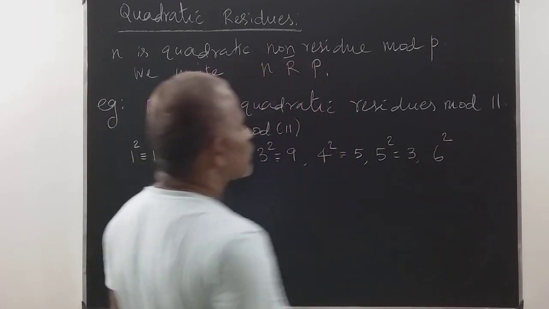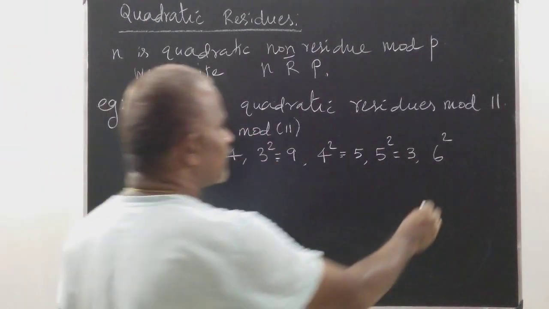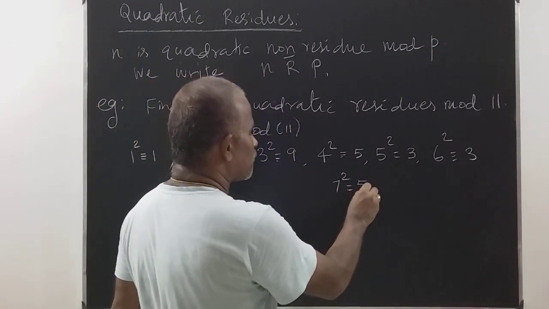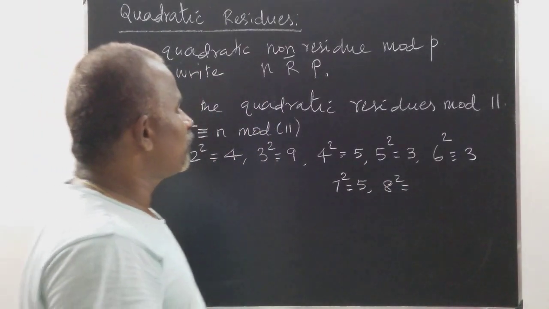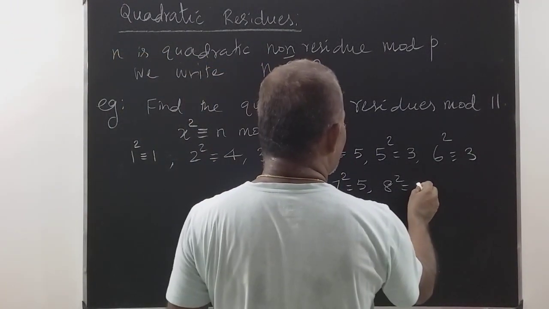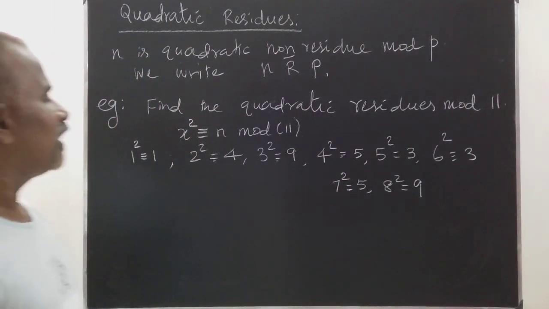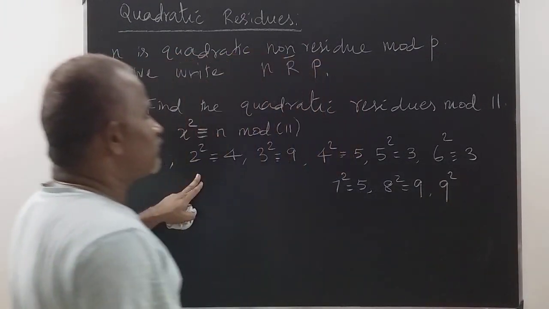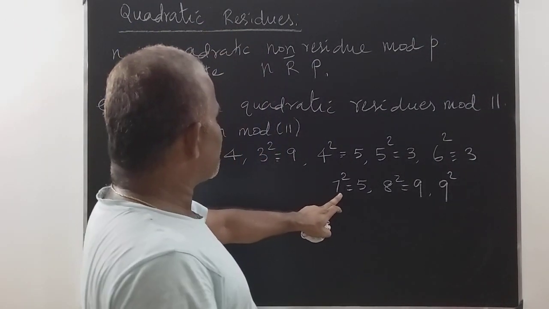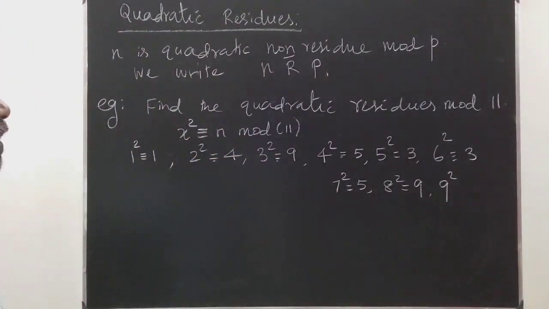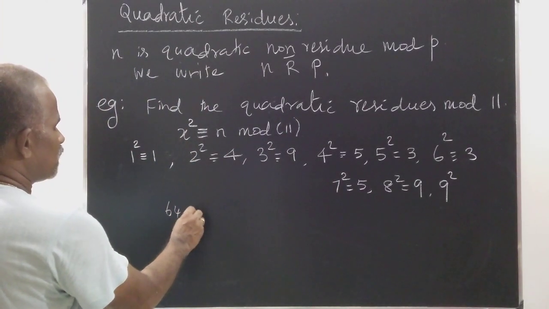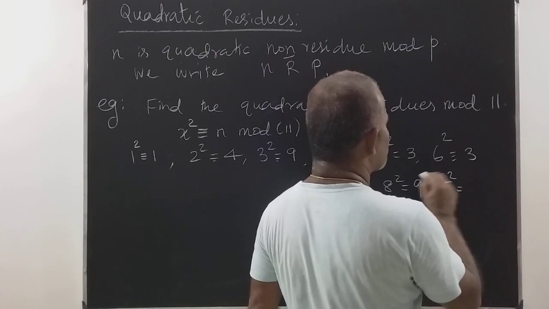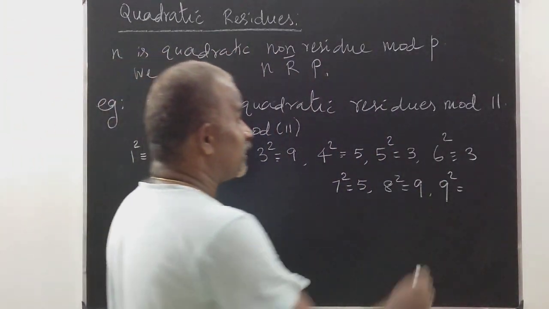6 squared is 36, again 3. 7 squared is 49, again 5. 8 squared is 64, 64 minus 55, again 9. 9 squared is 81, 81 minus 77 is 4.